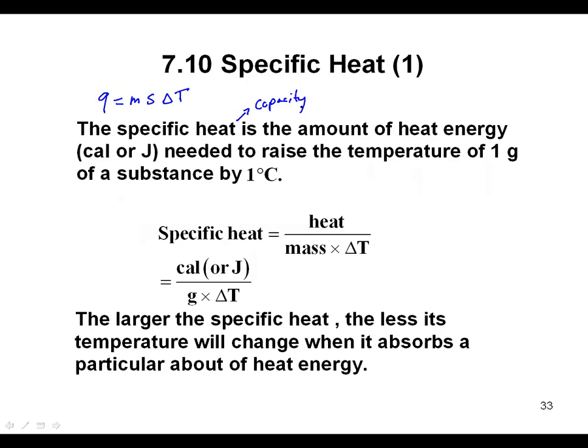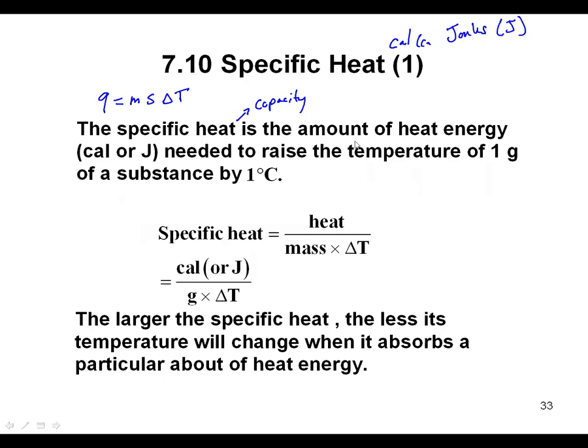And two common units of energy that we see with specific heat are calories, with a lowercase c, and joules, capital J, with cal obviously as the abbreviation for calorie. There are 4.184 joules in a calorie.